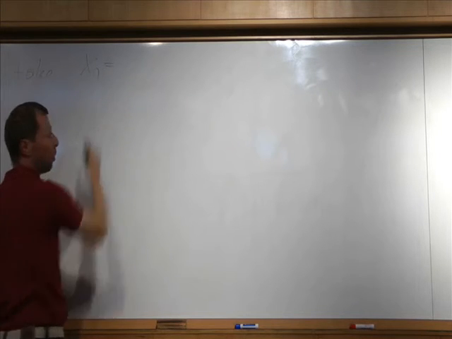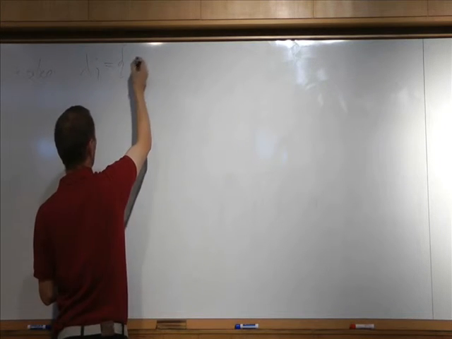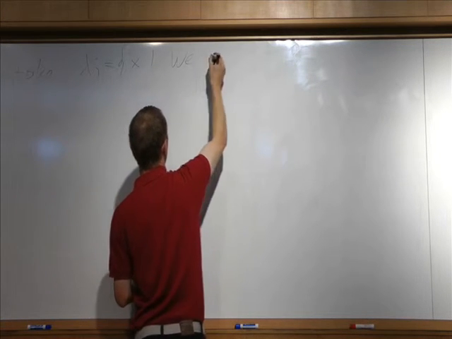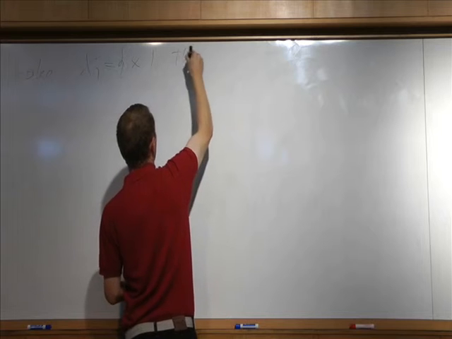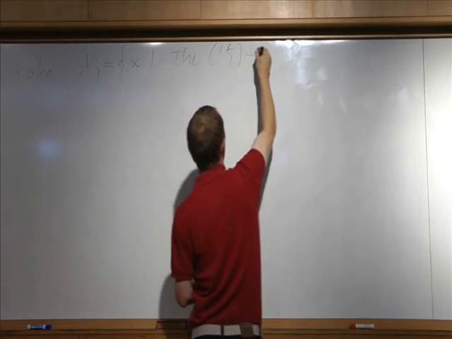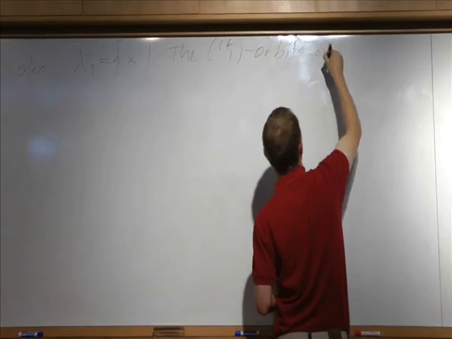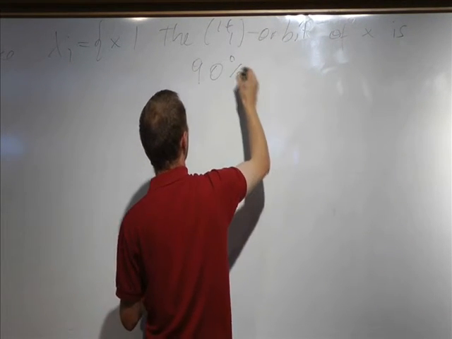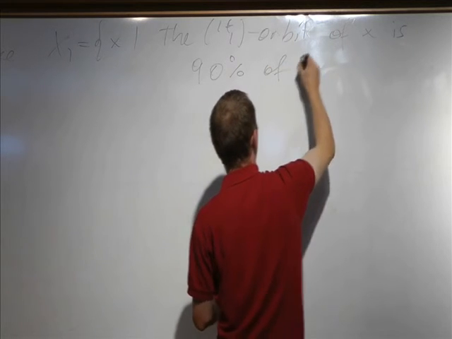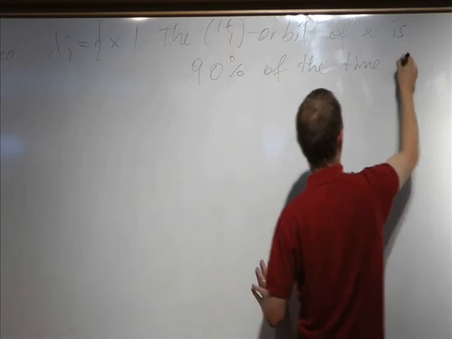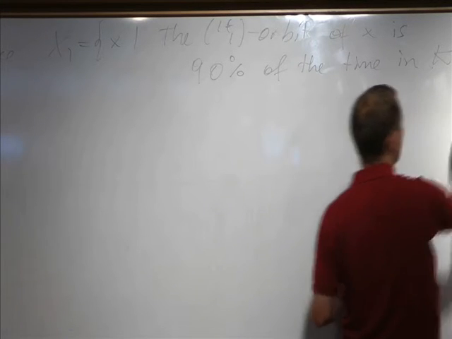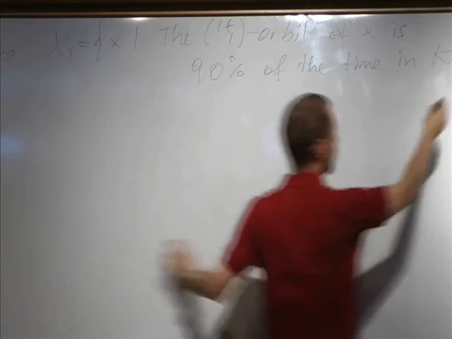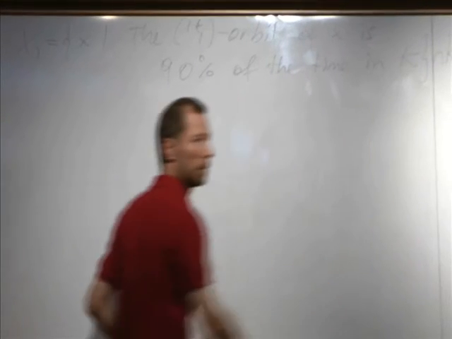We define a set x1. x1 is the set of all x for which the orbit, the 1 star 1 orbit of x, is 90% of the time in K. And let's say it's also in K.